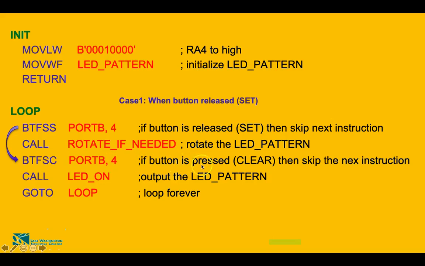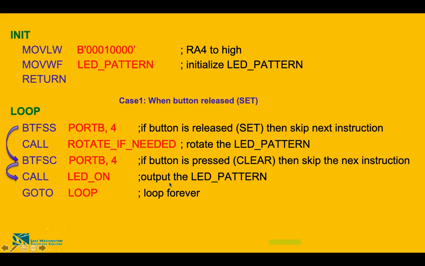If button is pressed or clear, then skip the next instruction. I'm assuming my button is released, it is not cleared, it is set, then it is not going to skip the next instruction. There should be a T here, I'm missing a T. So it should not skip the next instruction, which means it should go to this instruction. This instruction will be skipped only if the button is pressed.